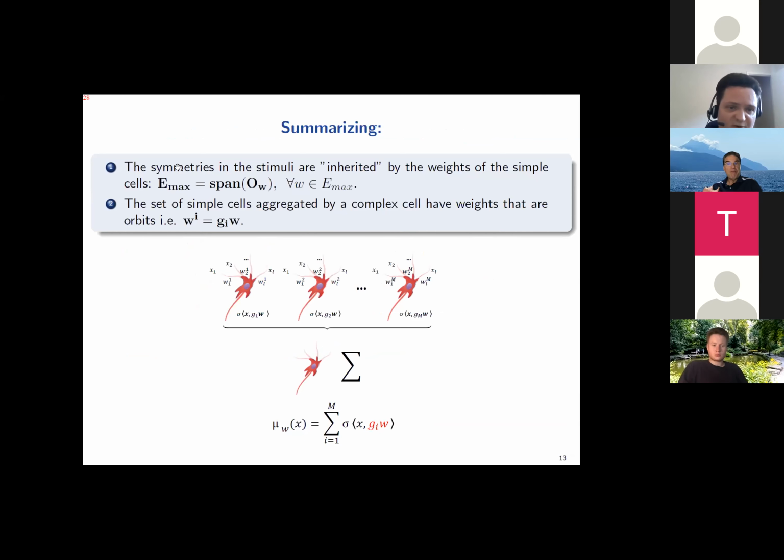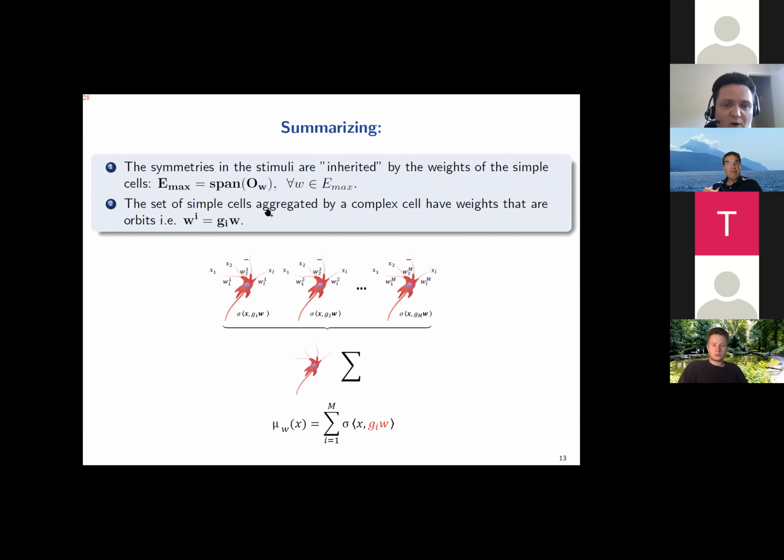So just to summarize, the symmetry in the stimulus space due to data augmentation is somehow inherited in the weights of the simple cells in the following form. Any weight to which a simple cell is going to converge after being shown the stimuli is a linear combination of an orbit.